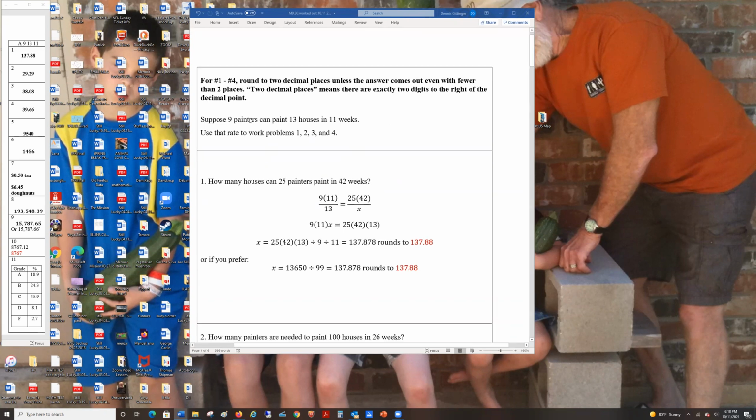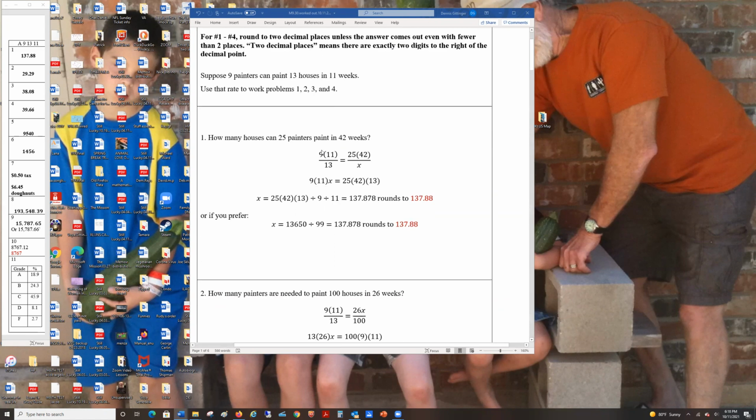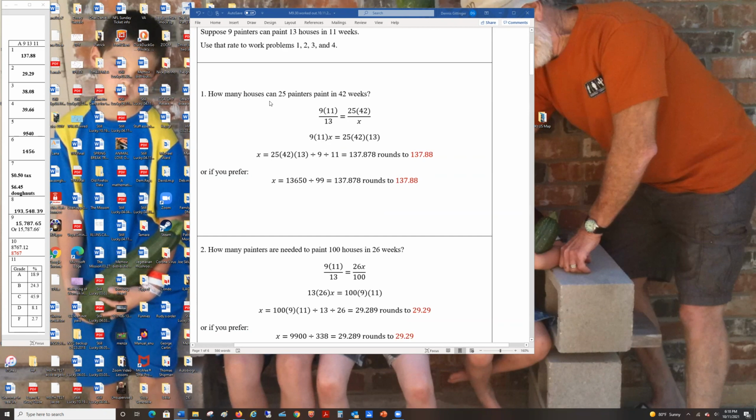So suppose 9 painters can paint 13 houses in 11 weeks. Use that rate to work the first 4 problems. How many houses can 25 painters paint in 42 weeks? Well, again, 9 painters, 11 weeks is 9 times 11, and they can do 13 houses. So how many houses?